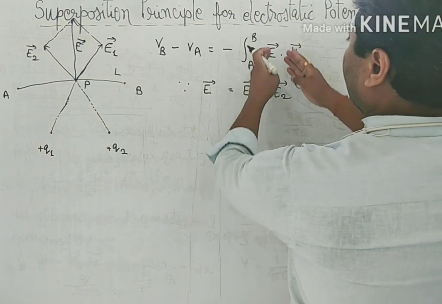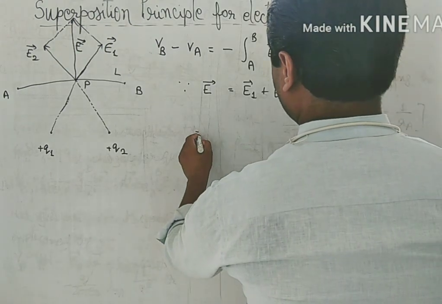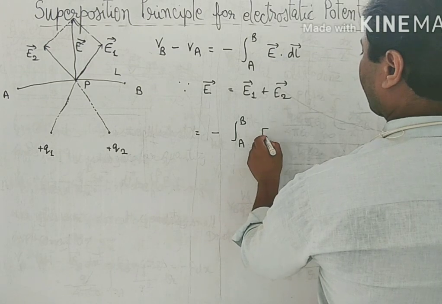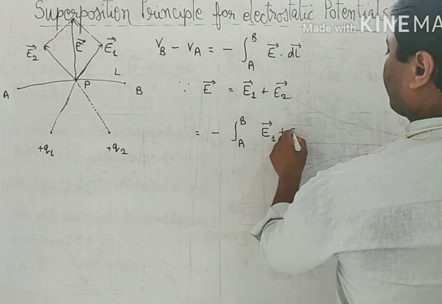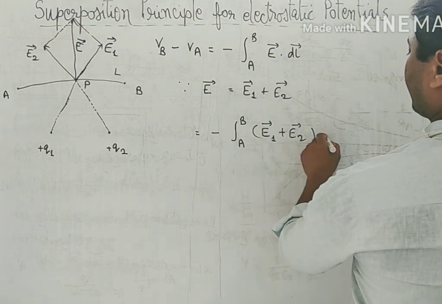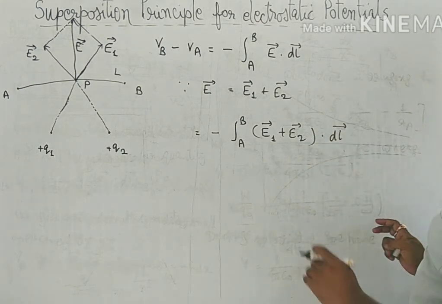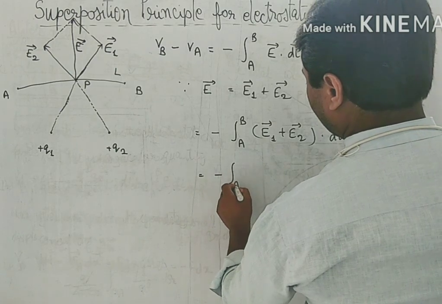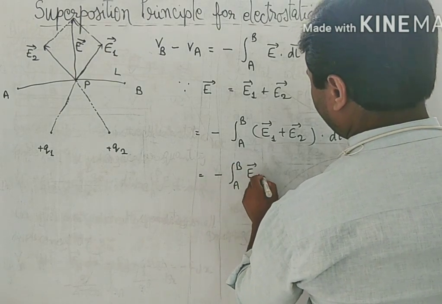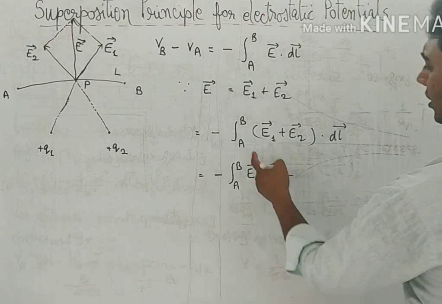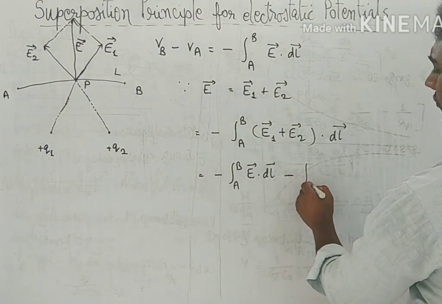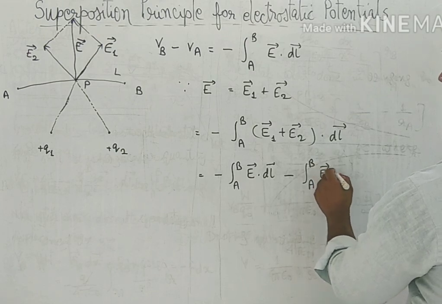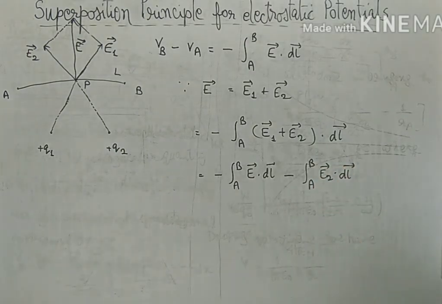Now placing these values back here, we have minus integral from A to B of vector E1 plus vector E2 dot vector dl. Now separating the terms, we have integral from A to B of vector E1 dot dl minus integral from the same A to B of vector E2 dot vector dl.